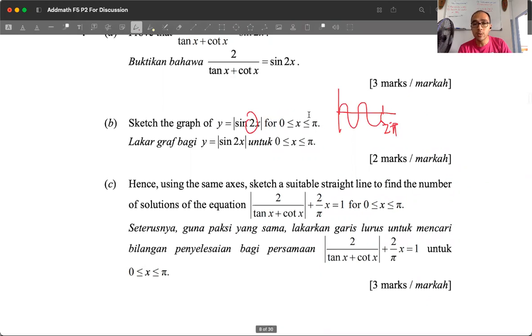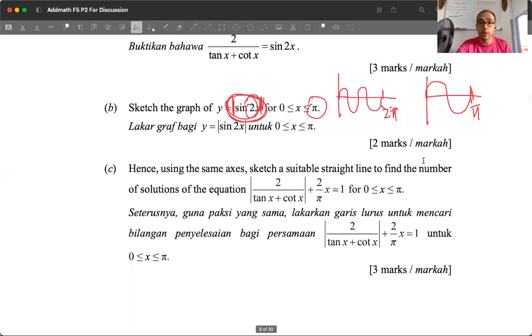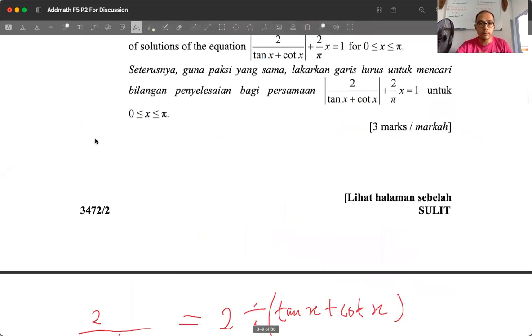But since we want until pi, we're talking about 1 cycle only. Since it is modulus, there are no negatives; the negative part gets flipped to positive. So what we will get is this kind of graph, a toying graph.